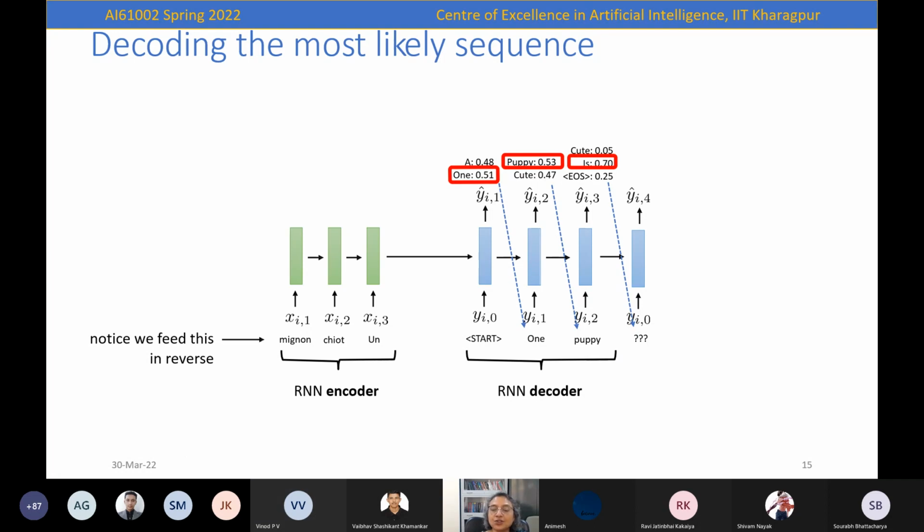Here we have noted that for machine translation problems, it sometimes works better if the input sentence is fed in reverse, if you're not using a bidirectional RNN. Feeding the input sentence in reverse works well, and this problem can be circumvented by using a bidirectional RNN.